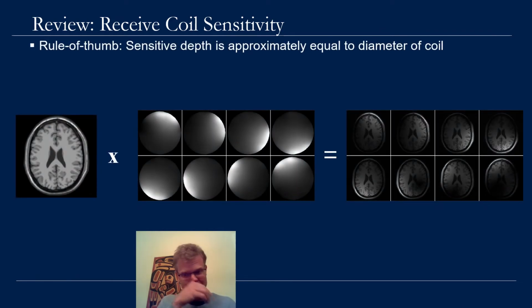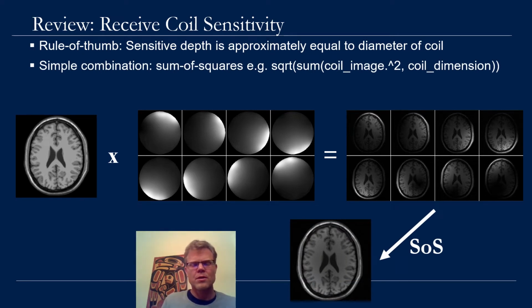A couple of good rules of thumb to keep in mind here: the depth of the RF sensitivity profile is approximately equal to the diameter of the coil. So we can look at these individual coil maps, or images, and estimate the size of these individual coil elements.